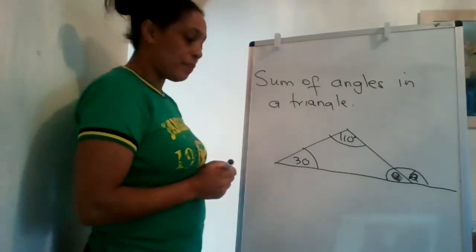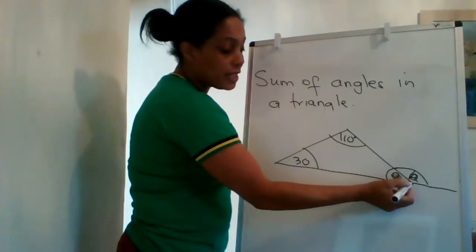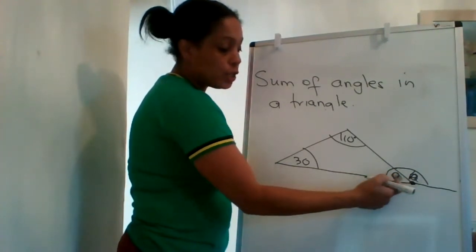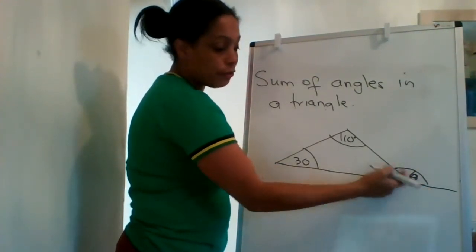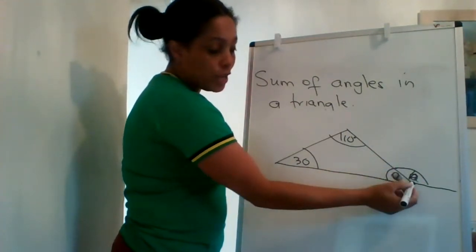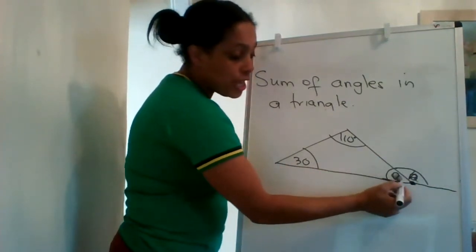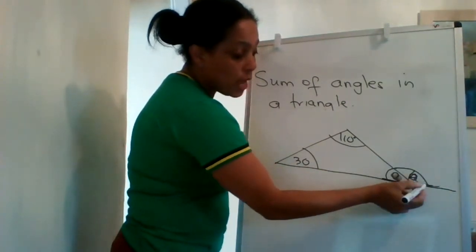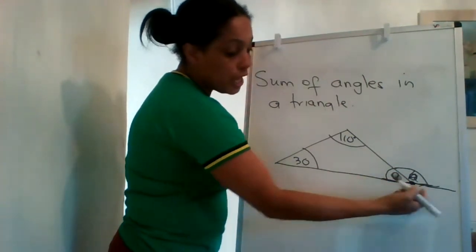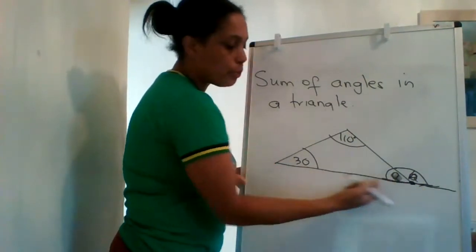What is happening here? First, if we look here, we see a straight line because that's a turning point. An angle is formed here from these two lines, and an angle is formed here from these two lines. These two angles, that one and that one, together make a straight line from that turning point.